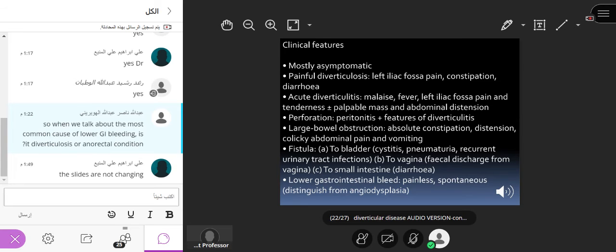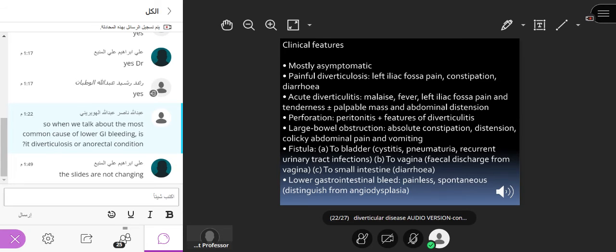If it is a vaginal fistula, then fecal discharge from the vagina without the patient knowing. If it is to the small intestine, a coloileal fistula, it will cause diarrhea: irritation in the small intestine leads to increased peristalsis and diarrhea.